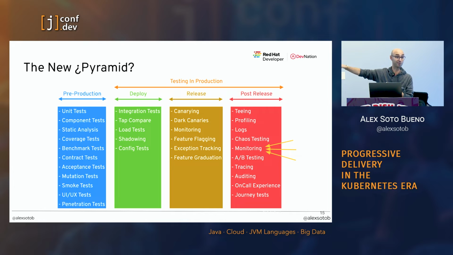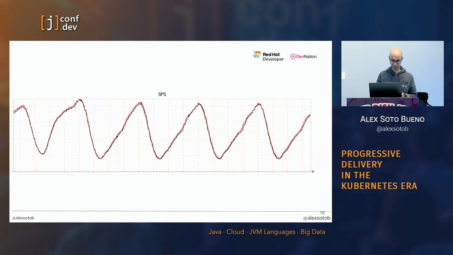Now it is something new, right? Monitoring is the new testing, you can say it that way, because it's really important to know at every moment what's going on with your application. A/B testing, tracing, auditing, on-call experience, and journey tests. These are tests that you should run, but run them after you release the application.